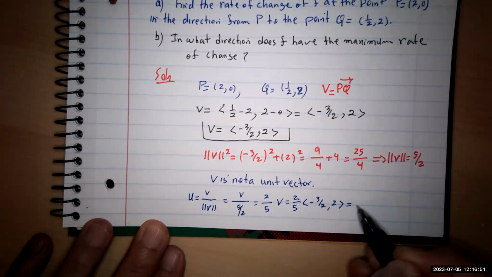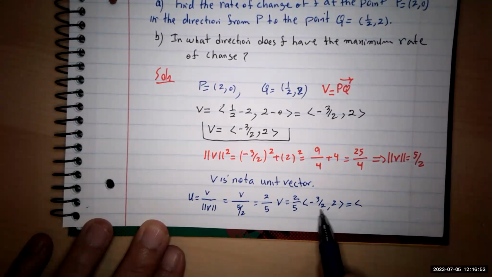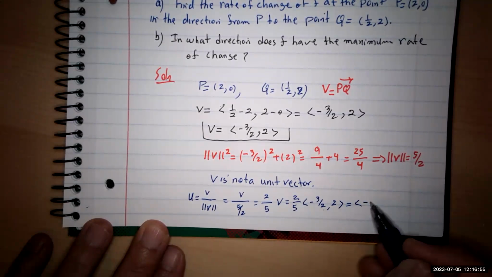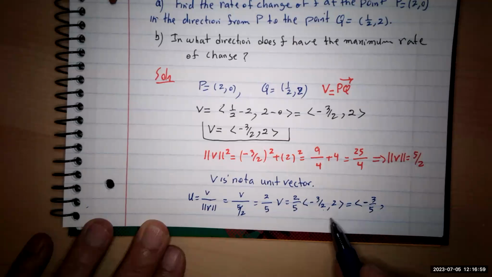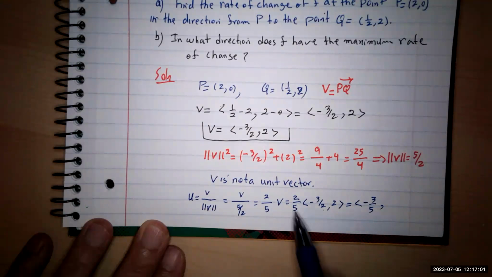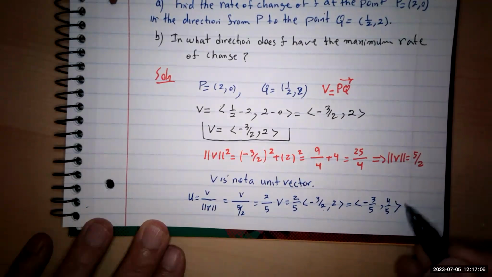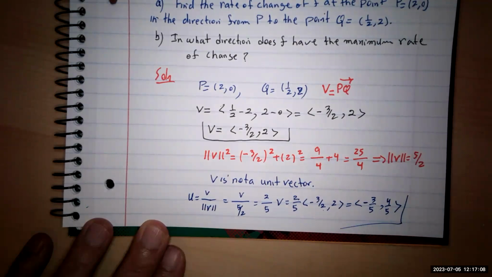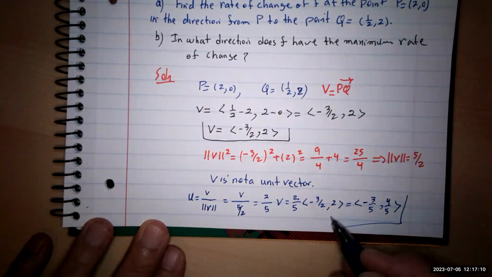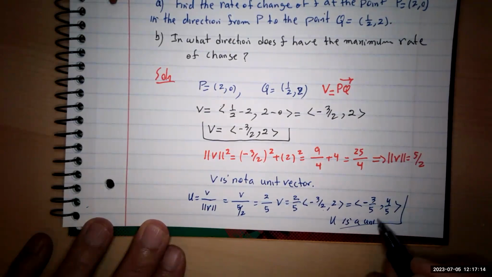Take it inside: for the first component, the 2 and 2 cancel, giving negative 3/5. For the second, 2 times 2 is 4, so 4/5. This is your unit vector u. Remember, you have to use the unit vector to find directional derivatives.